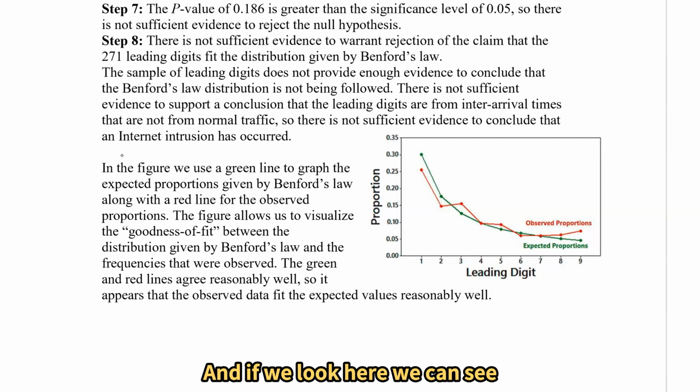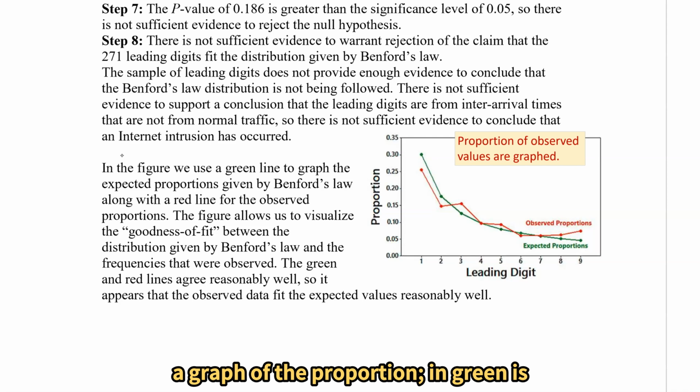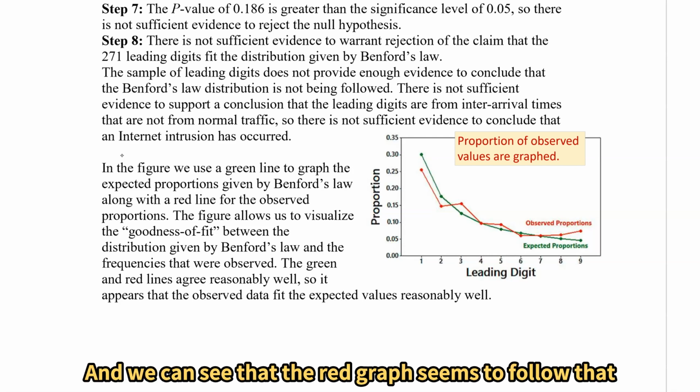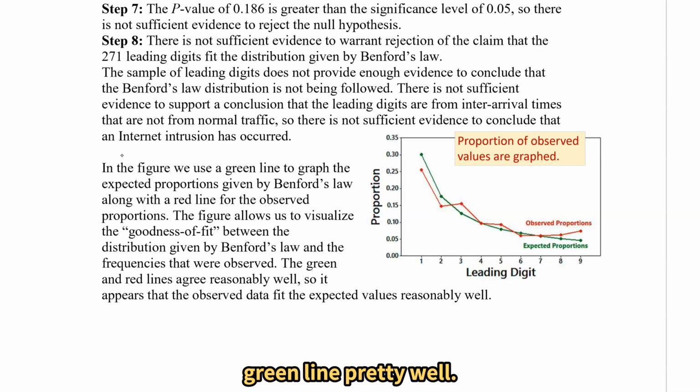And if we look here, we can see a graph of the proportion. In green is Benford's law, in red is our observed values that we were given in the table. And we can see that the red graph seems to follow that green line pretty well. It's not perfect, but it's close.